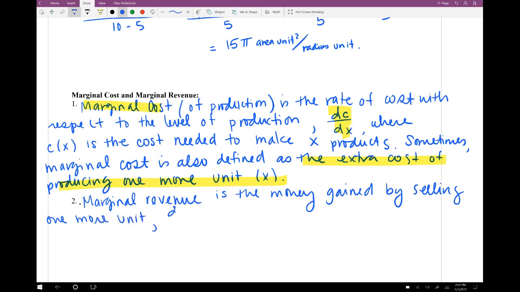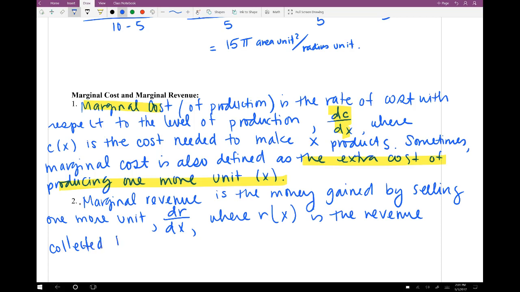In this case, dr, assuming r is the revenue, over dx. So where r of x is the revenue collected by selling x units, okay? All right.